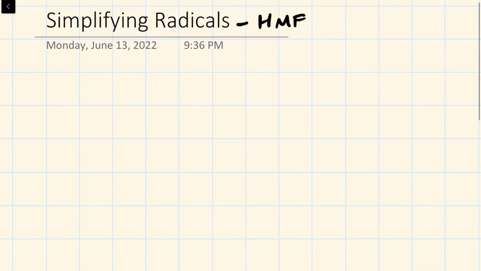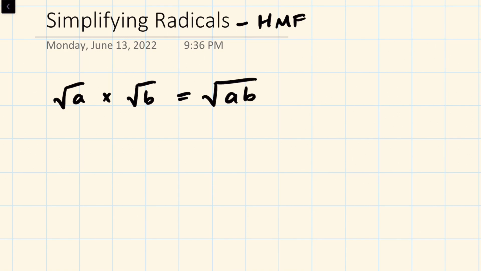We are going to start it off with simplifying radicals here. If you have the square root of a multiplied by the square root of b, so just root some number times root some number, it's the same thing as the square root of ab. That's just a property of radicals.